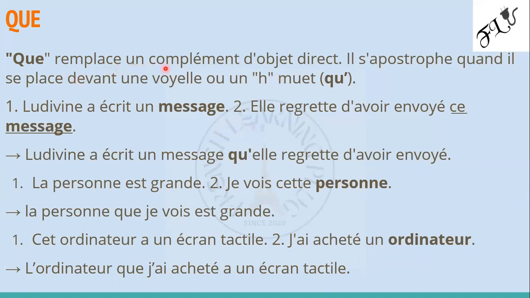OK, que remplace un complément d'objet direct. Il s'apostrophe quand il se place devant une voyelle ou un H muet. So it's only que that looks like this. Qui can never look like this. You will not say qu' because it's qui est, qui a. Nous avons un ami qui a une maison secondaire en Espagne.